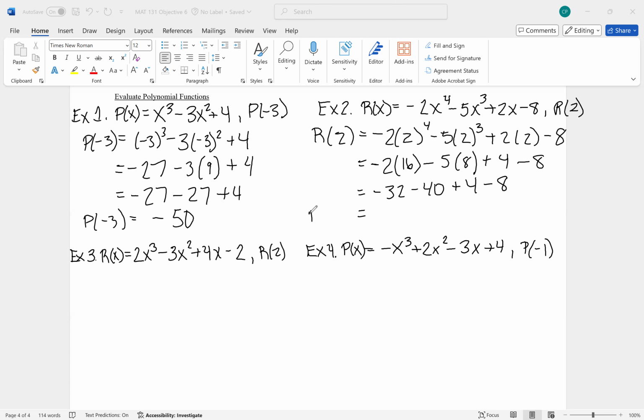And when we simplify that further, we will find that R of 2 is going to be negative 76, okay? So that is my recommendation to you on how to plug in everything properly. Then you follow the order of operations. Remember, it is PEMDAS.